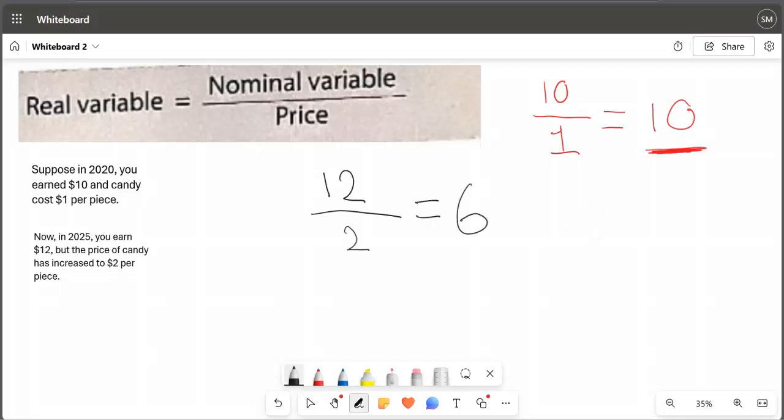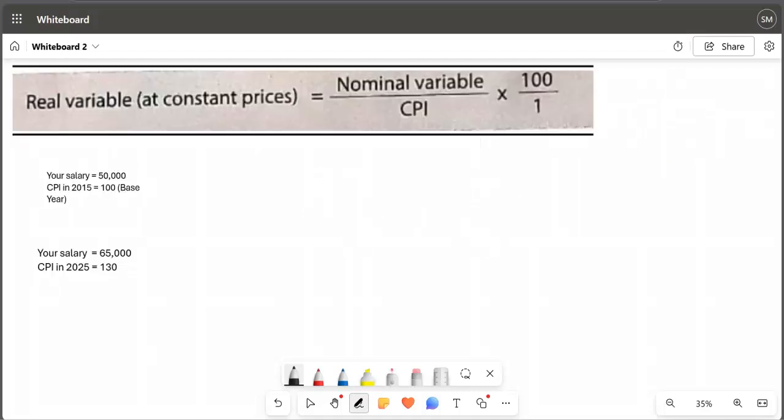Just by calculating here, we can tell that the $2 increase in our wages is actually worthless, because in 2020 we were able to buy 10 candies, but in 2025 we are only able to buy 6 candies.